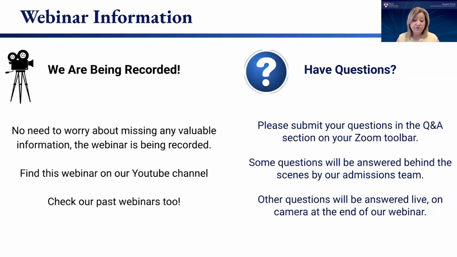They will answer many of those questions right in that Q&A area, and they'll also feed us some questions at the very end. Morgan and I are going to try to save about 20 or 25 minutes at the end of the webinar, and we will answer many of those questions live on camera, or the team will be answering them in the Q&A function. So no matter what, our goal is to answer your questions today. And again, you need to use that Q&A function to type out your questions.